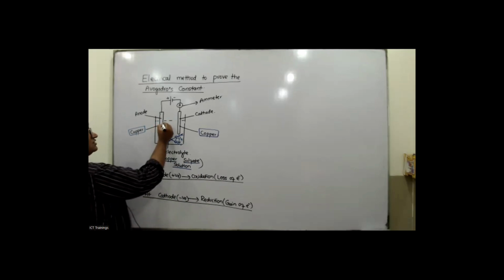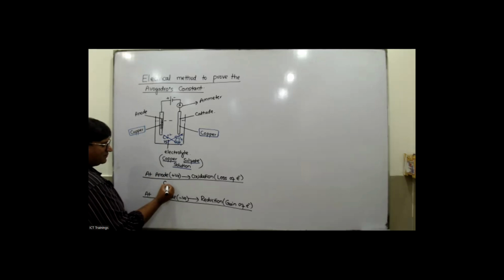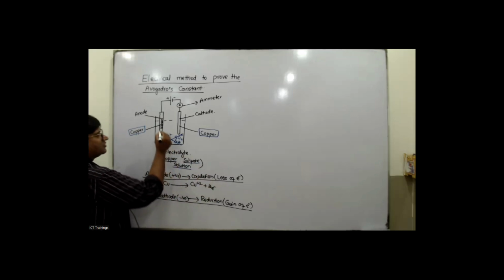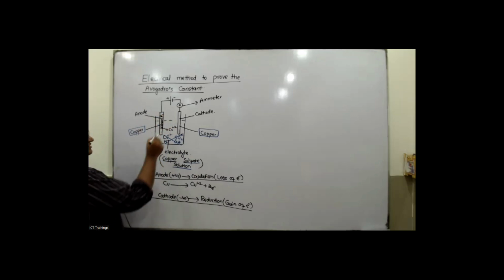So what happens at the anode? This anode, my dear, is made up of copper atoms. So these are the copper atoms. At the anode, the copper atom would break down to form copper ions and electrons. The ions would come into the solution, and the electrons are present in the electrode.